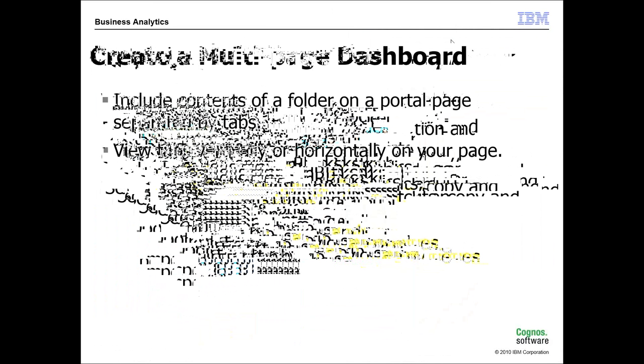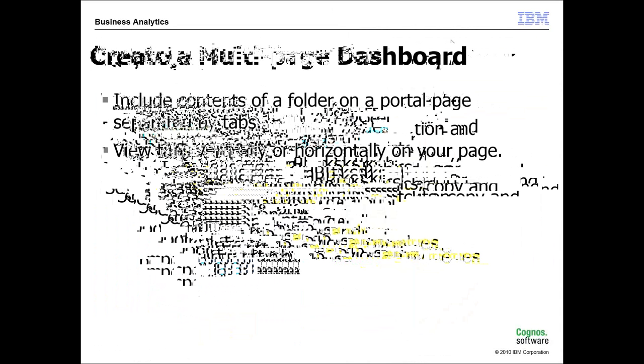And of course, you could create a multi-page dashboard. So you're not limited to just one dashboard. You could have multiple tabs that will show up within IBM Cognos Connection. Each one could be your own specific view of your business. So imagine if you are a C-level who's in charge of a lot of different areas.